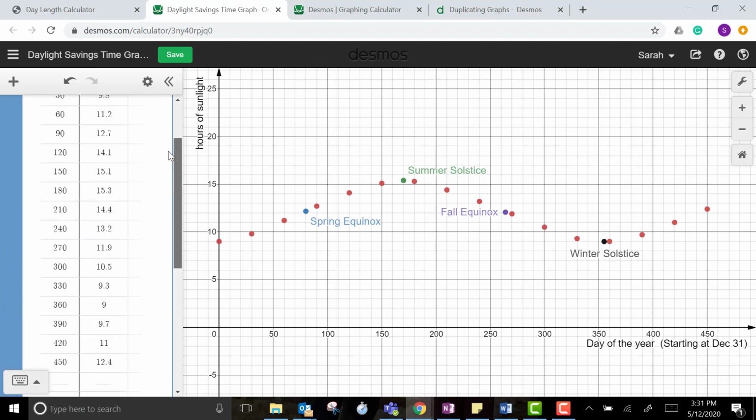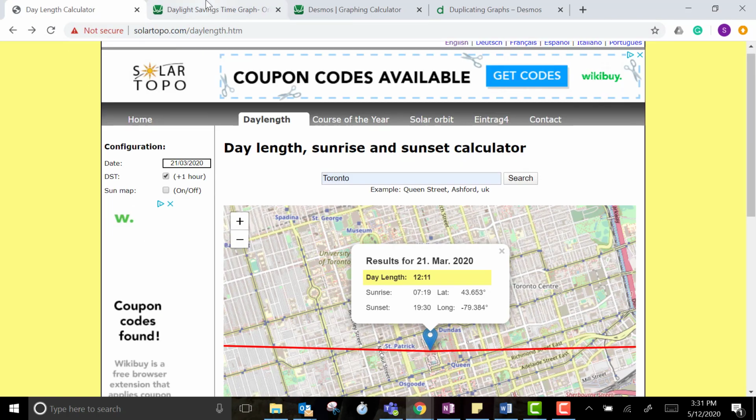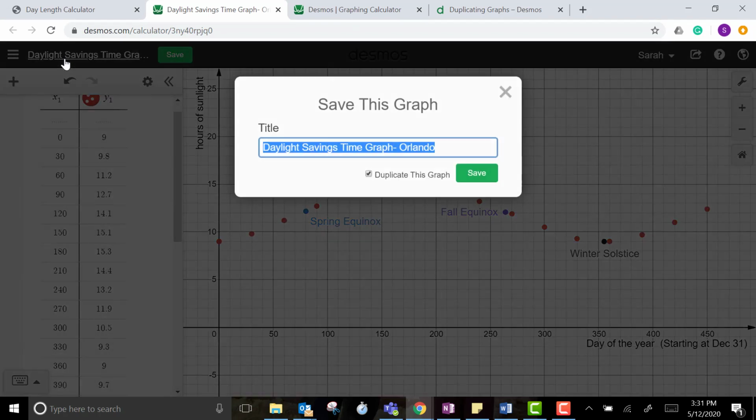All of these values in this table were values that I gained from using this daylight calculator for these specific days. So this would be, for example, January 1st, right? 0 days passed. And then we're moving on to 30 days past, 60 days past, 90 days past, moving through the months. After we have this information inputted, you're going to change this for your own, by clicking on the graph, and you can rename it.